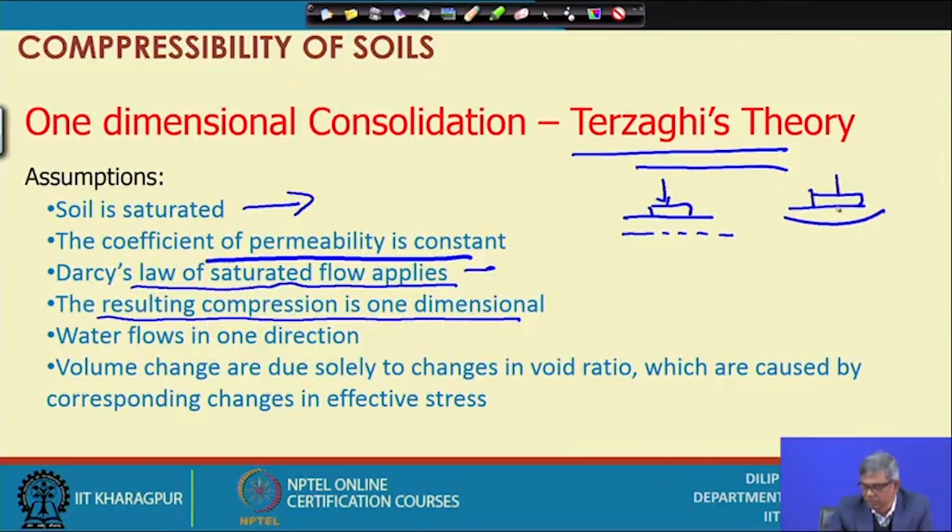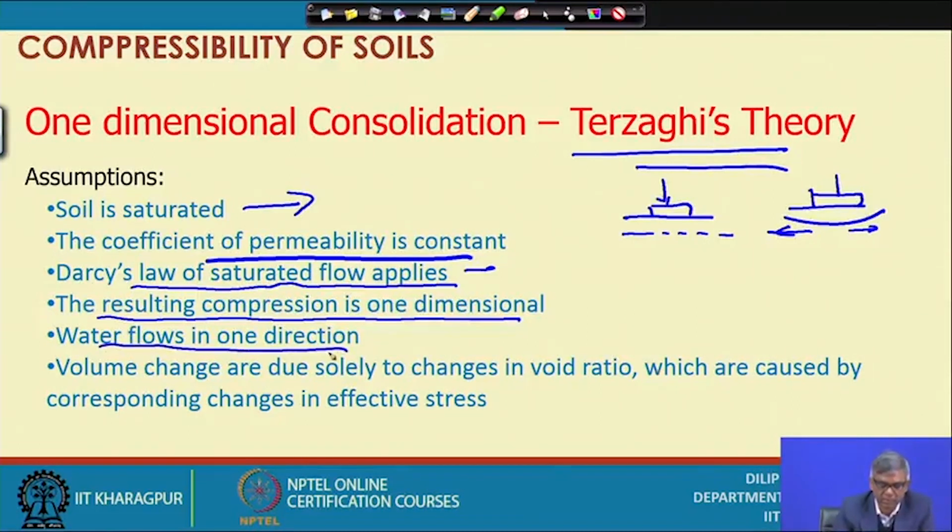So it will be different, but in the initial development it was assumed that the resulting compression is one dimensional, that means only compressing vertically with no lateral expansion or contraction.